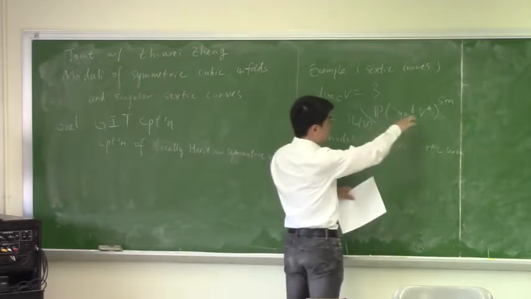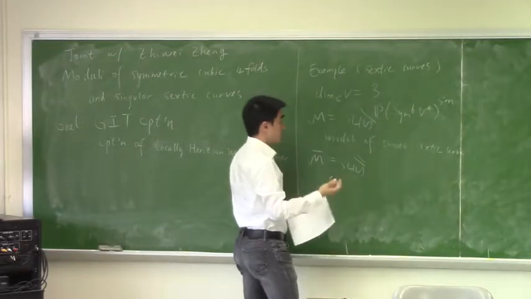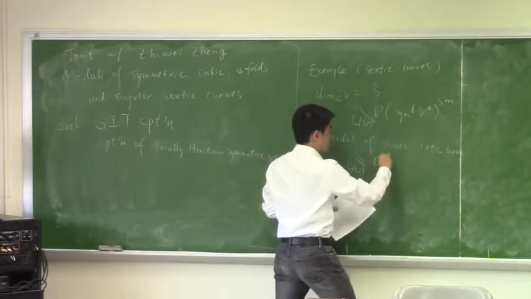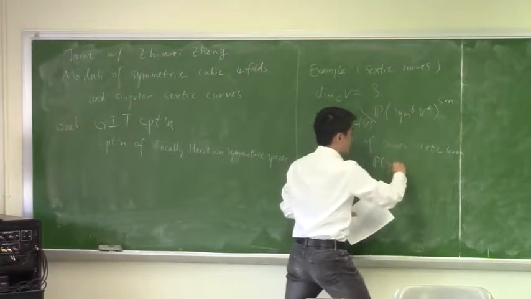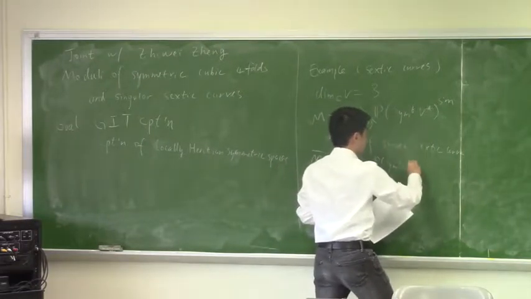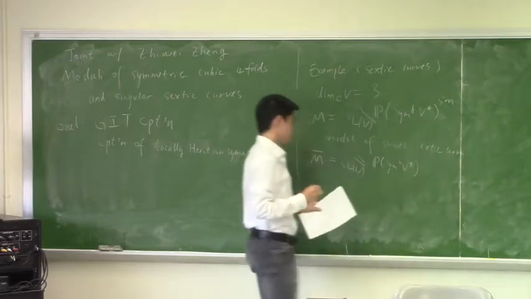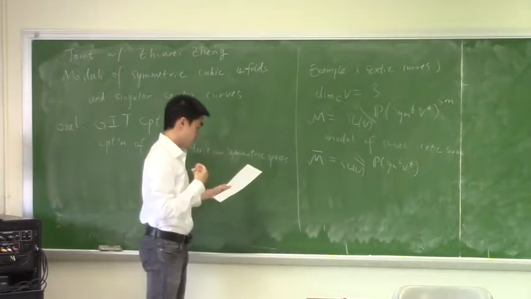From general theory, we know the smooth sextic curves are GIT stable, and we need to add other stable points and also the semi-stable locus. So that's the GIT compactification.